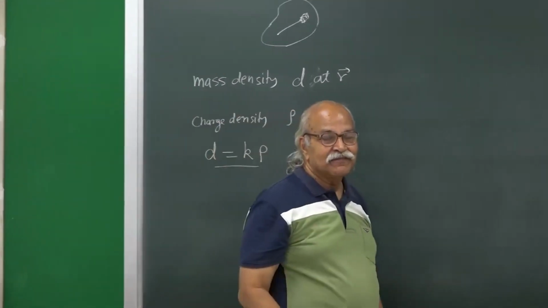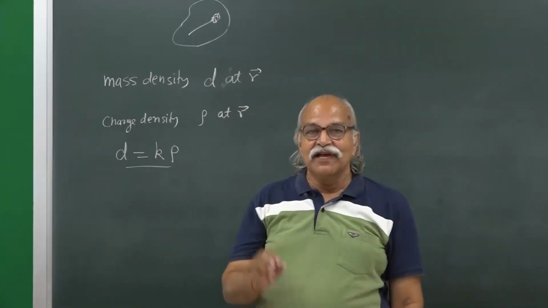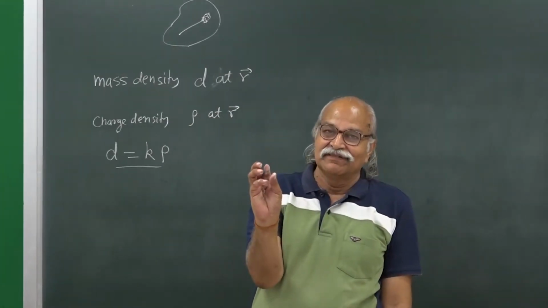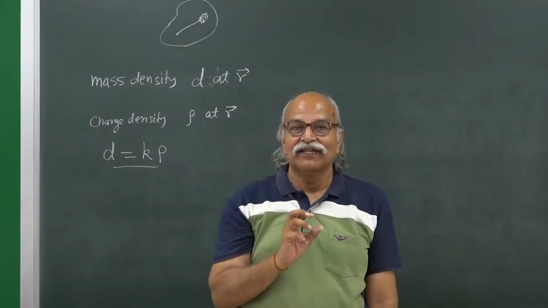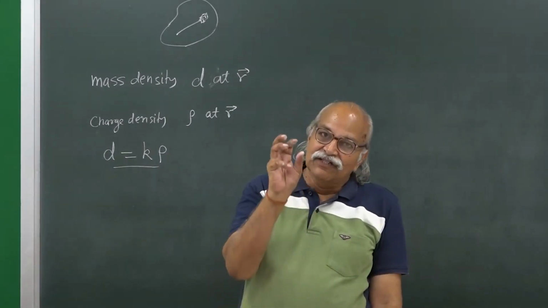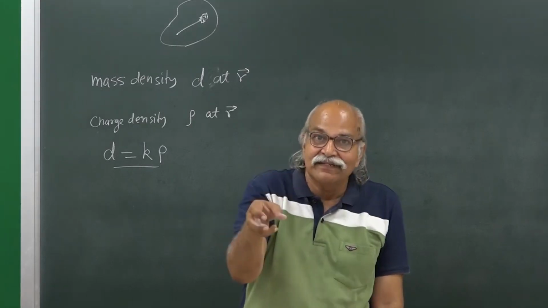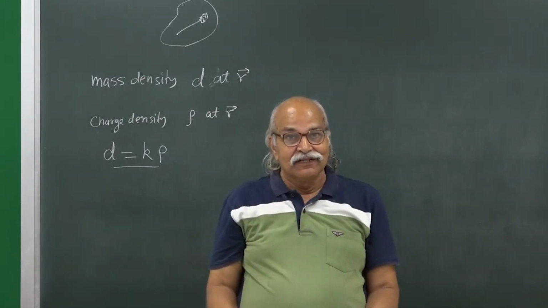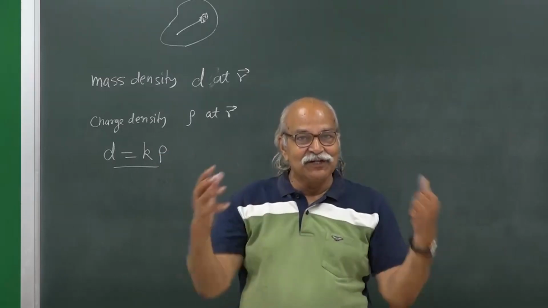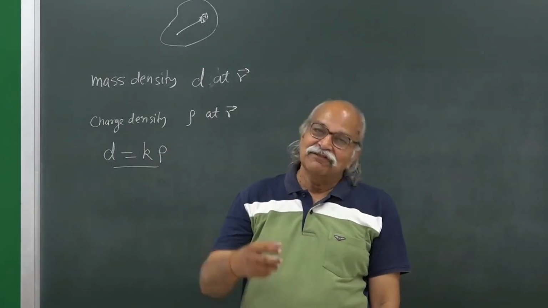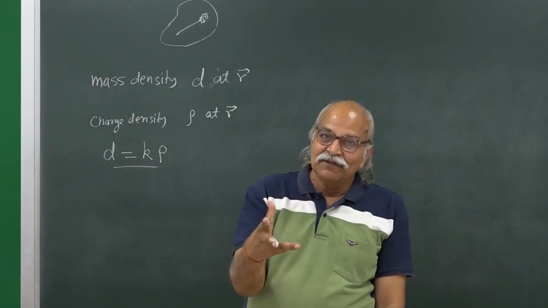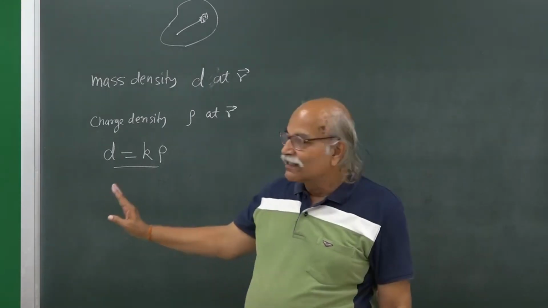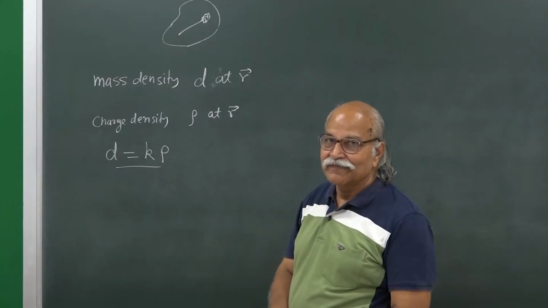What does this mean? This means wherever you have mass, you have charges which can move or which are moving, and then the charge density there and mass density there, they are proportional. So the entire material has mobile charges, and if you take a bigger volume, the mass will also increase, the charge will also increase, and therefore this kind of relation can exist.